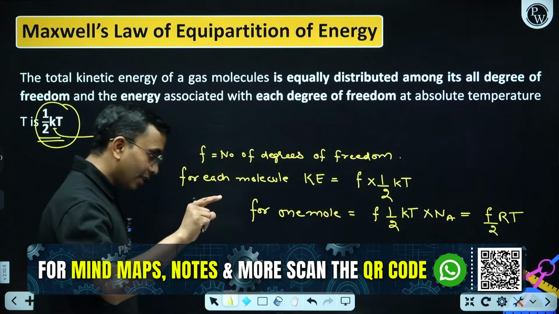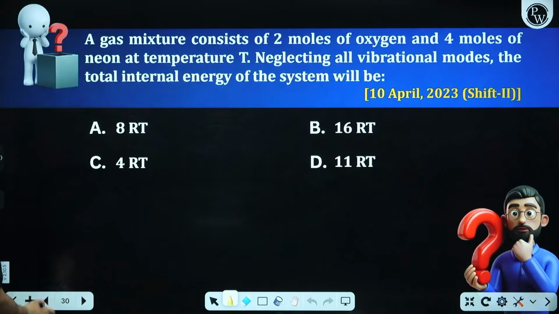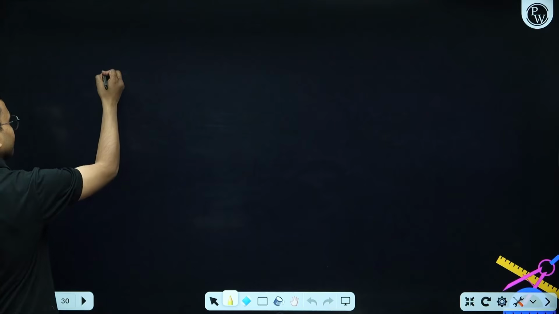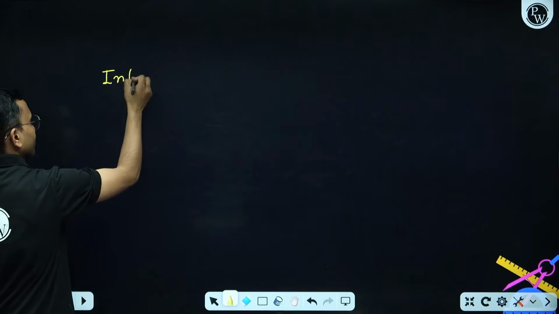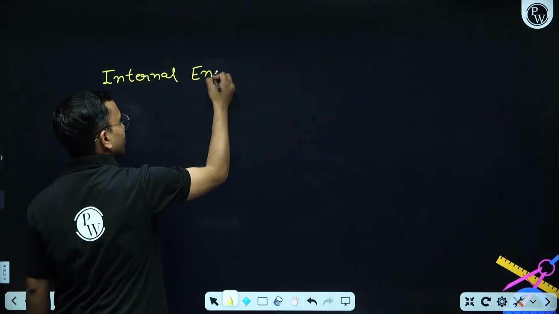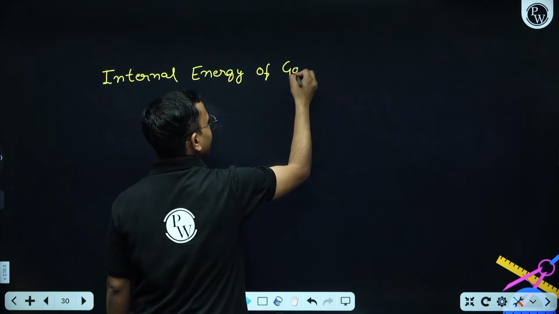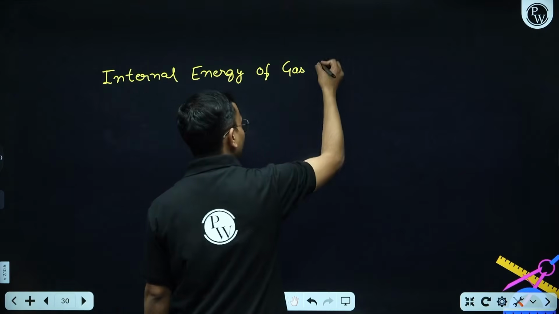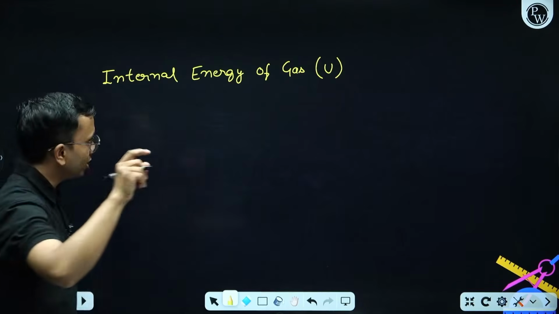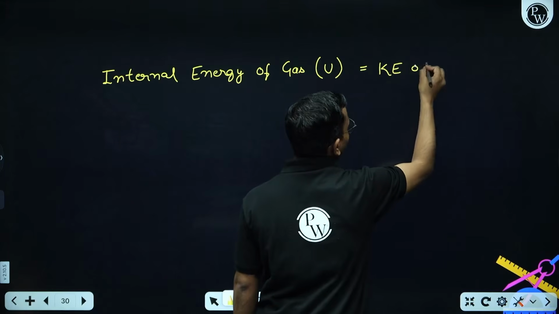So the internal energy of the gas, that we denote with U, only constitutes the kinetic energy of the gas.